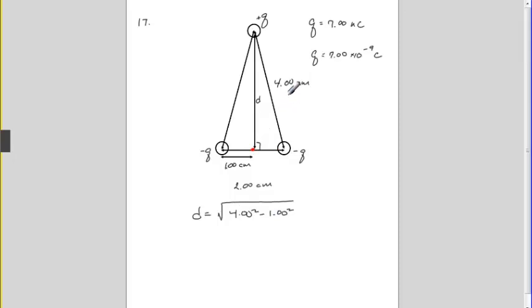So if you solve for D and take the square root, you'll end up with the square root of 15, because 4 squared is 16 and 1 squared is 1, so 16 minus 1 is 15. So it's the square root of 15 centimeters. Let's convert that to a decimal. We're not doing calculus here, we're doing physics. So we just need the square root of 15, which is 3.87.